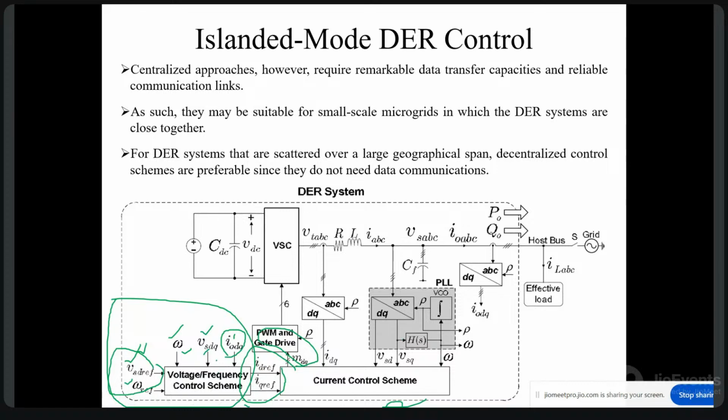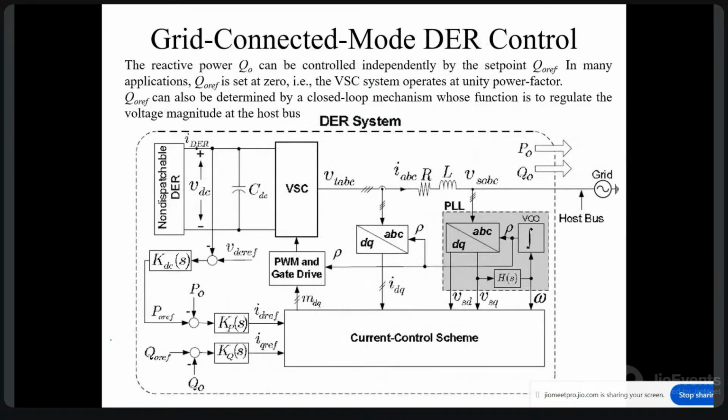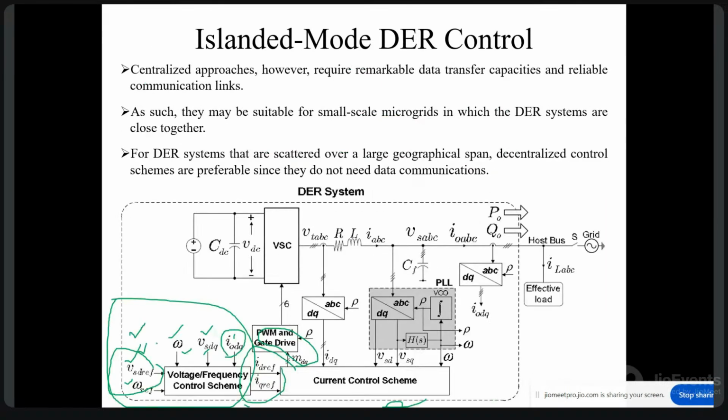In the grid connected operation, we define the real and reactive power references. I'm just going back to the slide to make you understand. As you can see here, we define the real and reactive powers in grid connected mode, because the voltage and frequency are already defined by the grid. In islanded operation, we have to maintain the voltage and the frequency. That's why we define the required voltage and frequency, compare them with the existing values, and measure the currents.